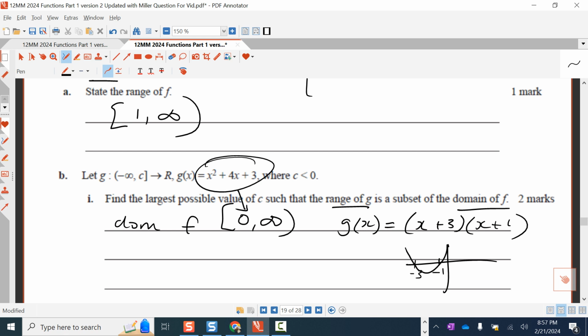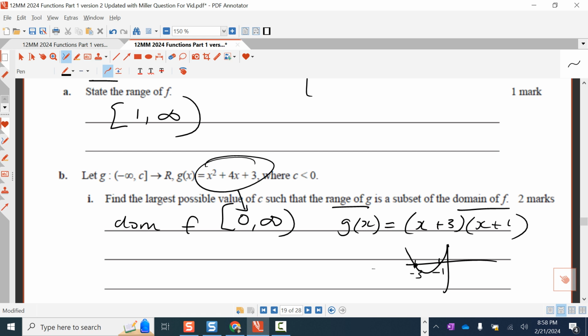Now, what I can see here is that its domain is negative infinity, so we're swinging in from this side, and imagine looking up there, we've got y values, and here is where it comes down to 0. Beyond this point, the values go negative. It can produce negative y values, and that's a problem, because the domain of f is 0 to positive infinity.